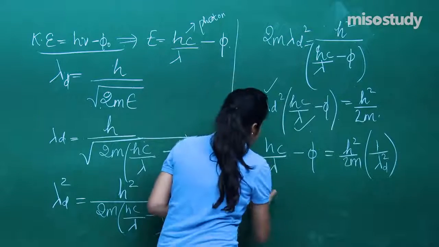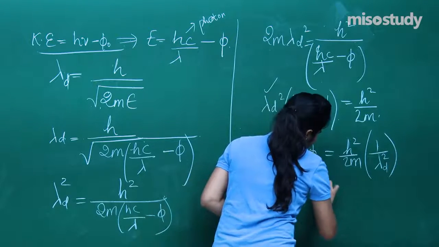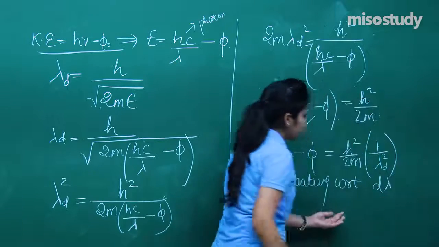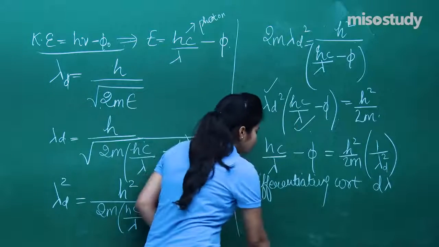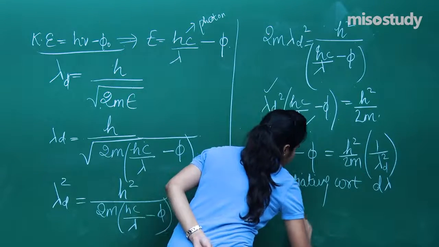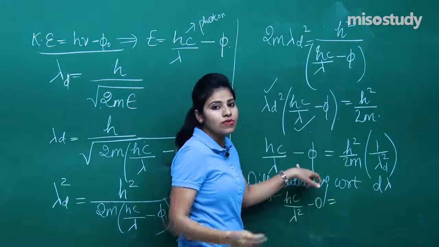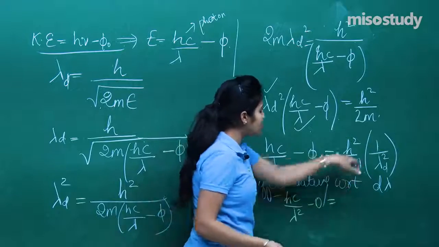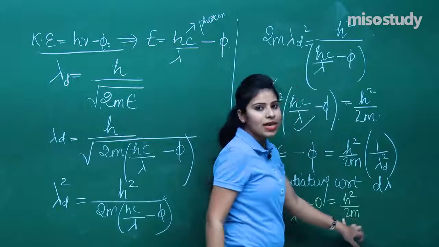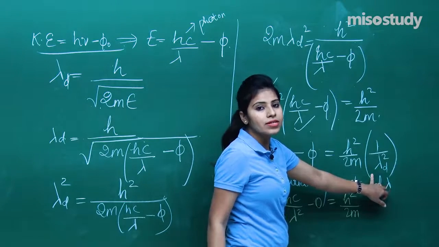Now differentiating with respect to lambda, d lambda, on both sides, you will have minus hc by lambda square minus 0, because this is a constant term, so its differentiation would be 0. Now this is again a constant term, and because in multiplication we are writing it as such, we are just going to differentiate this term, 1 by lambda d square.